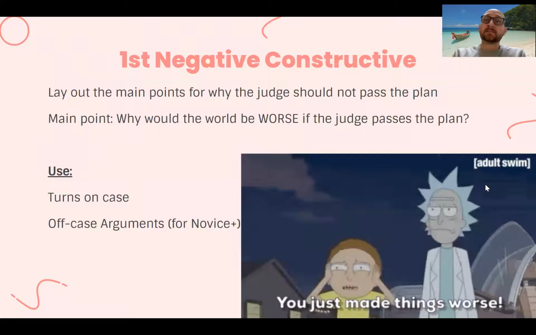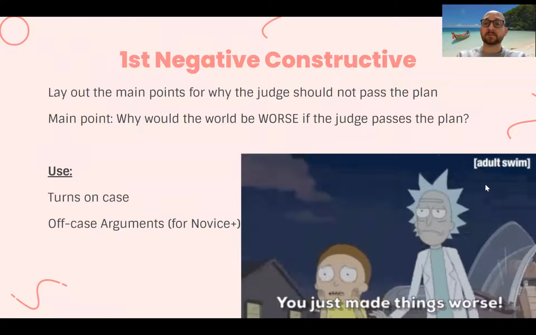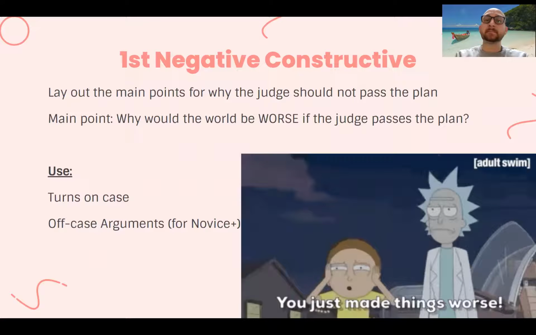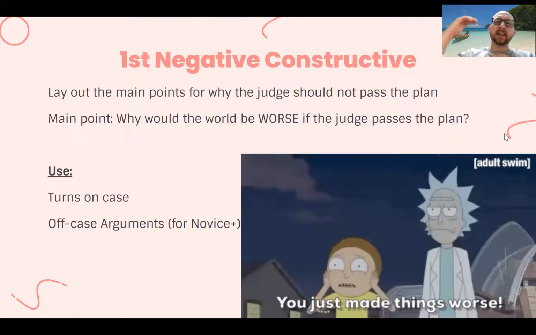Next speech is the first negative constructive. This is also 4 minutes long. It's the first time the negative gets to speak. And just like the other speech, this is where the negative lays out their main points. The main point of the speech is, why would the world be worse if the judge passes the plan? To answer that question, the negative doesn't have to respond to every single affirmative argument.